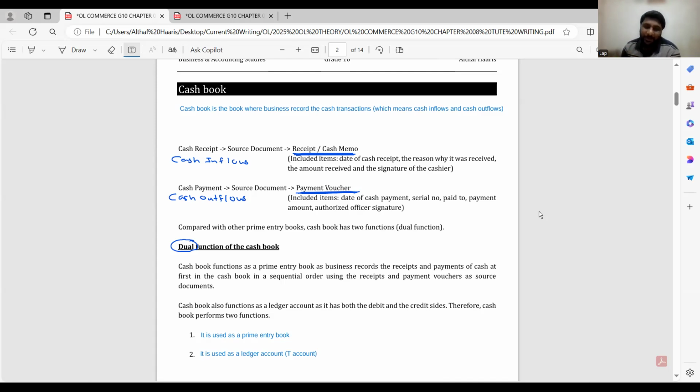Now giving to Zakir, who is preparing a lot of T accounts and putting the double entry. Debit, credit, debit, credit.